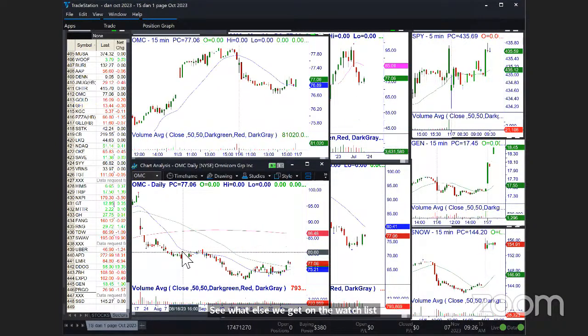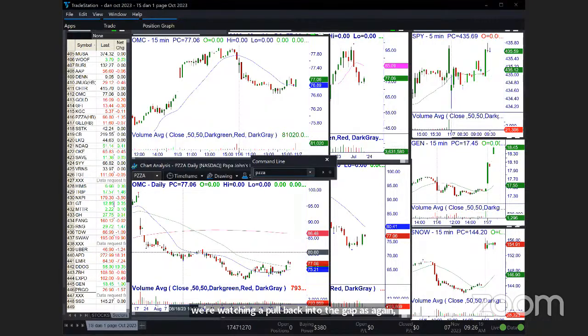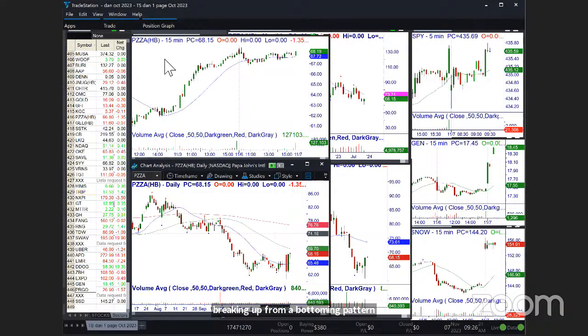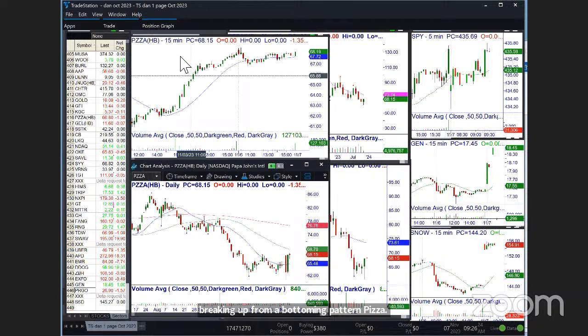OMC from yesterday. We're watching a pullback into the gap as a gap breakout from a bottoming pattern. Pizza. Beautiful end of day, well, a day and a half. Incredible base. So as a new trade, again, tomorrow, shock patterns.